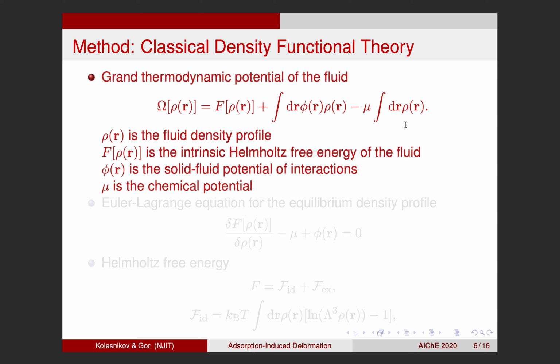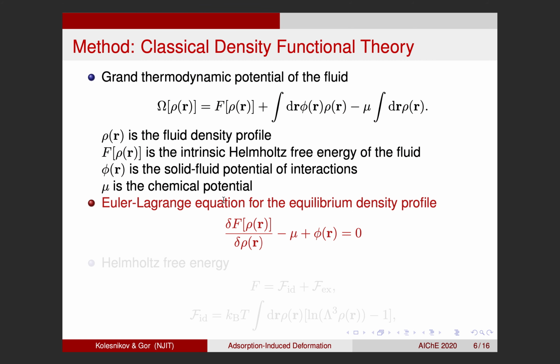And then, in order to find the optimal potential, we need the optimal density profile. We need to minimize this potential with respect to the density profile, or to solve the Euler-Lagrange equation here.